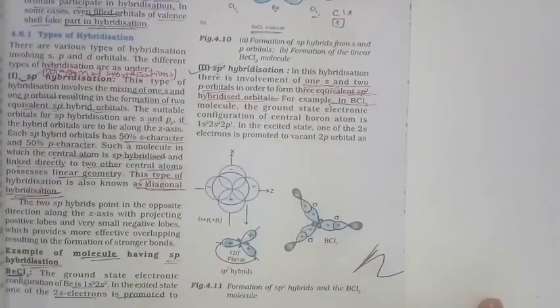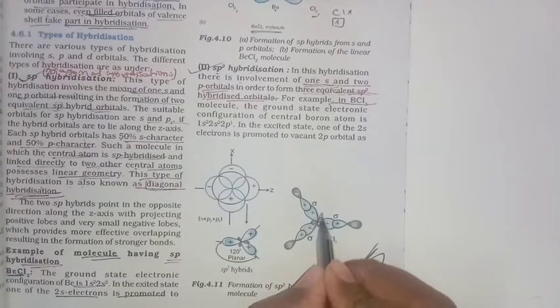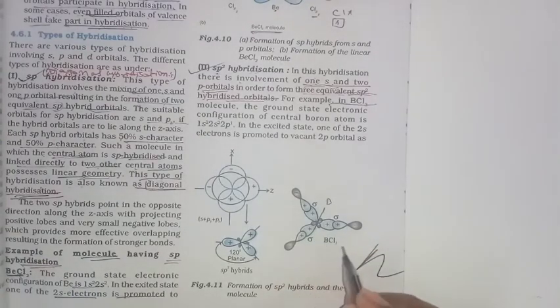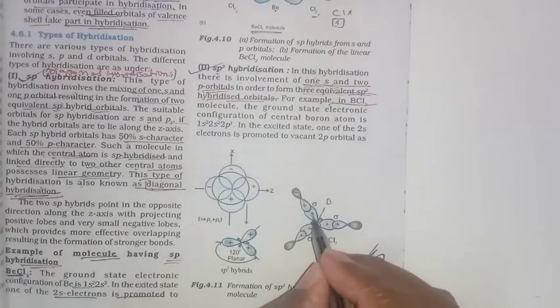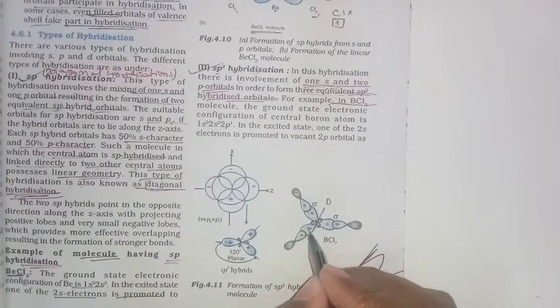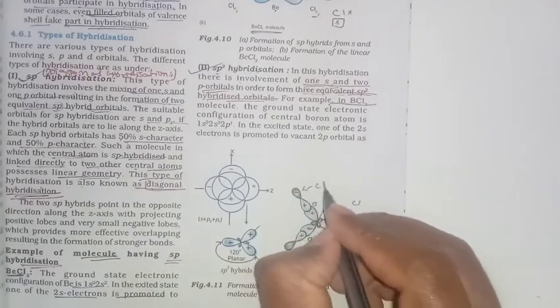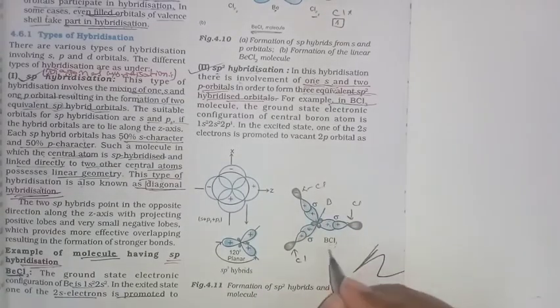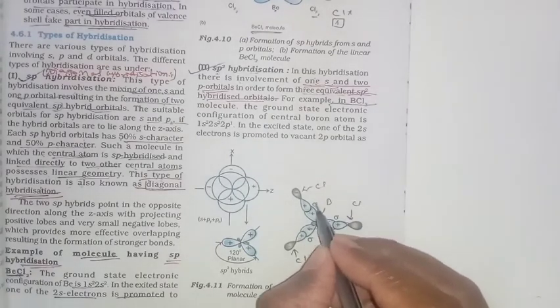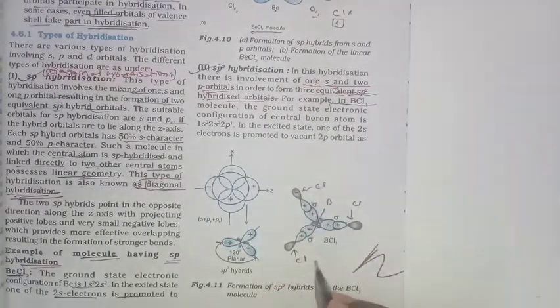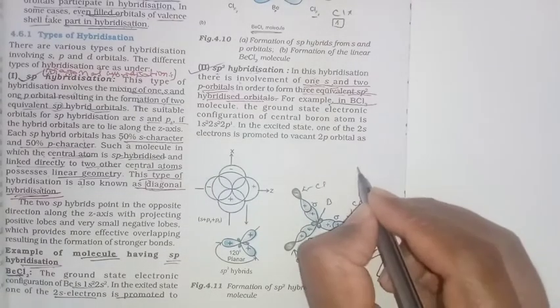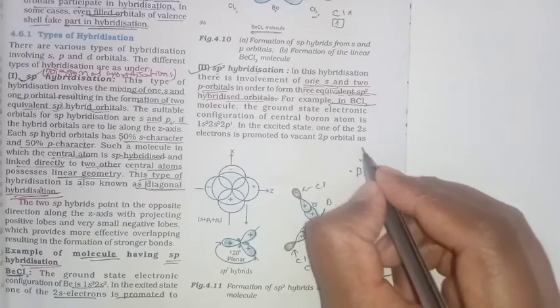So according to the hybridization, here is boron, the central atom, and its hybrid orbitals overlap with the orbitals of the chlorine atoms, and they form 3 sigma bonds. Here Cl, Cl and Cl each share 1 electron.